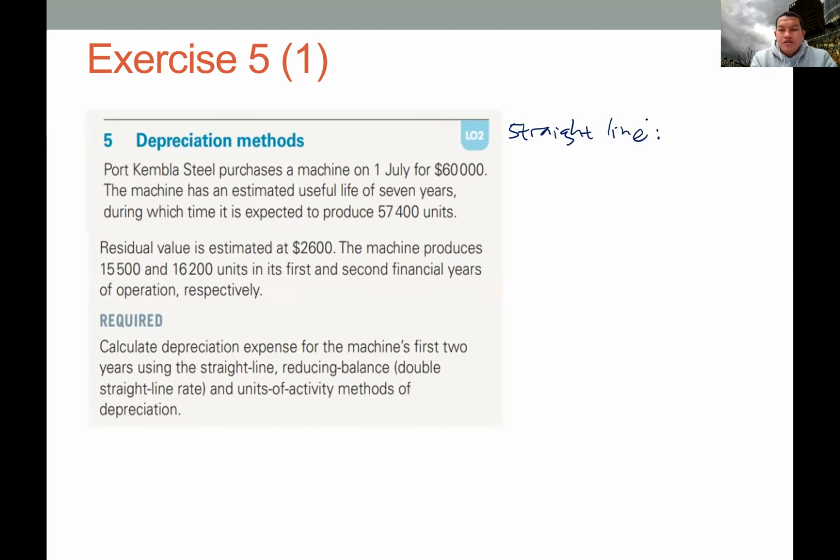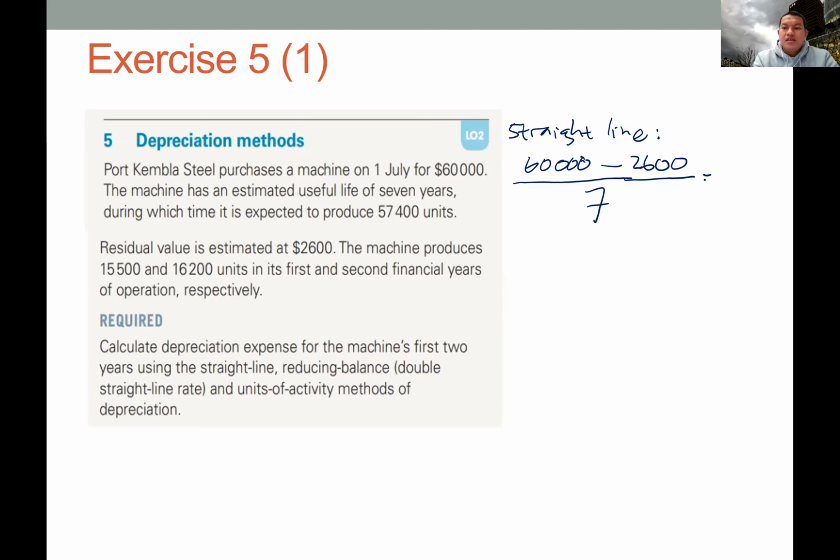Okay, so first we have to calculate the depreciable value, which is the cost, 60,000, minus the residual value, which is 2,600. Okay, and then we divide this by the economic life, which is 7 years.